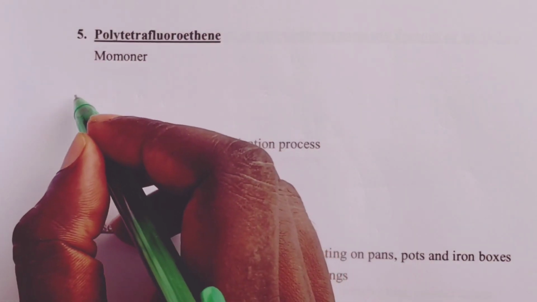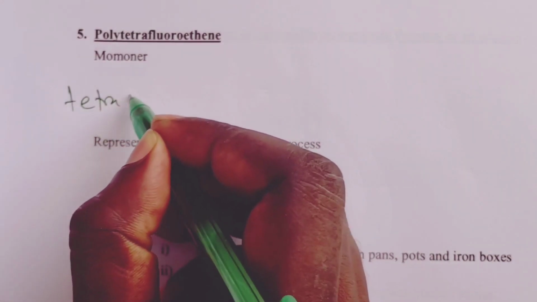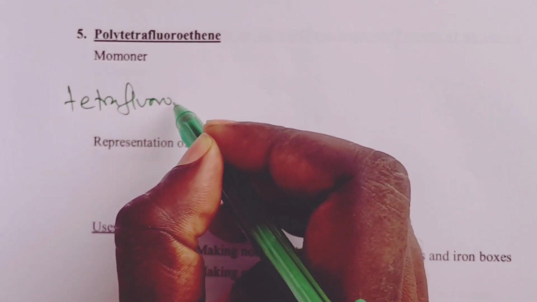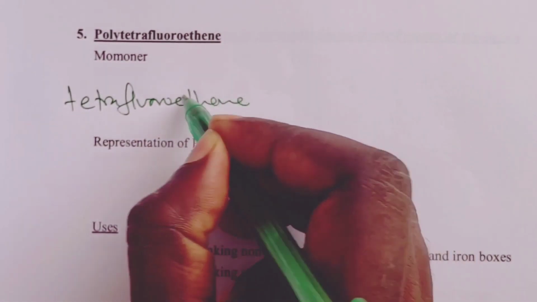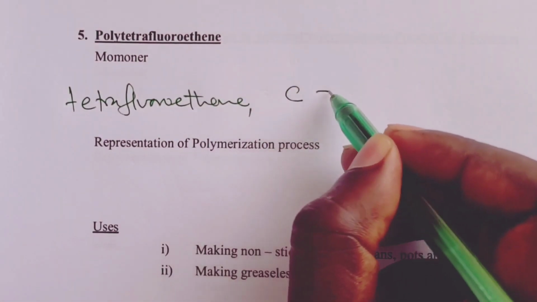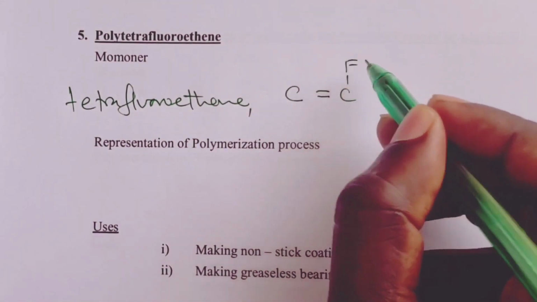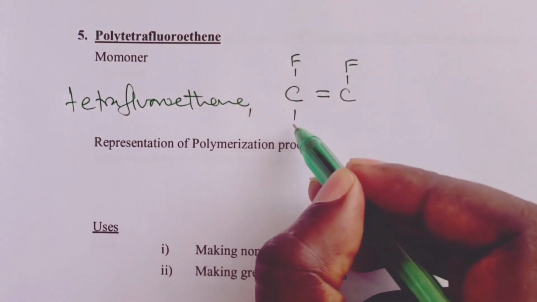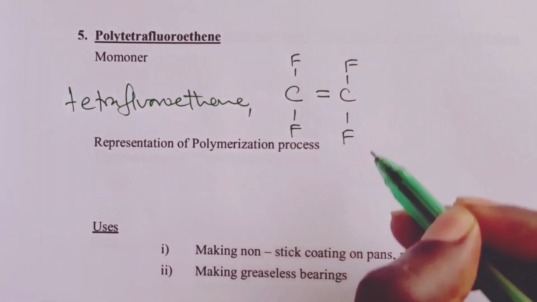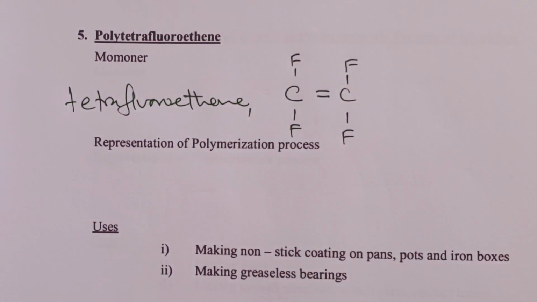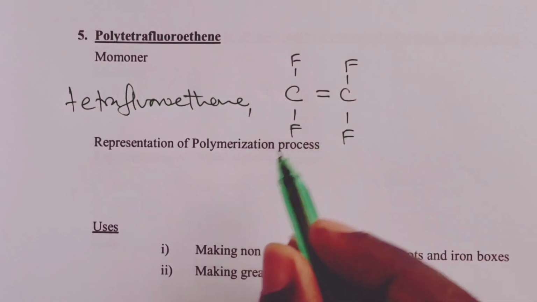polytetrafluoroethene. The monomer is tetrafluoroethene that has the formula C double bond C, and we have fluorine atoms attached to the two carbon atoms as indicated here.